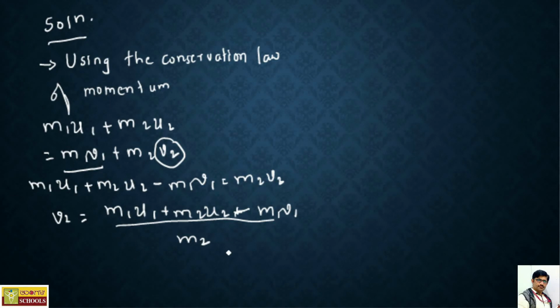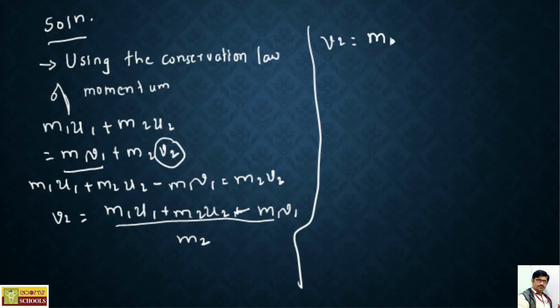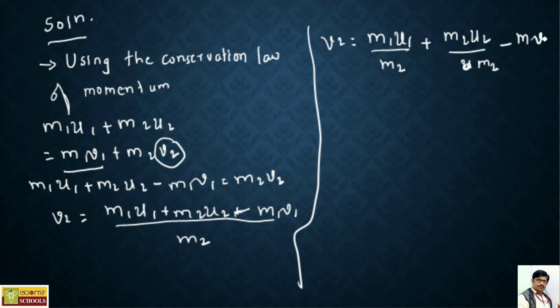Just try to solve that. So sending m2 under all the three terms, by that I can write v2, which is equal to m1 u1 divided by m2 plus m2 u2 divided by m2 minus m1 v1 divided by m2.